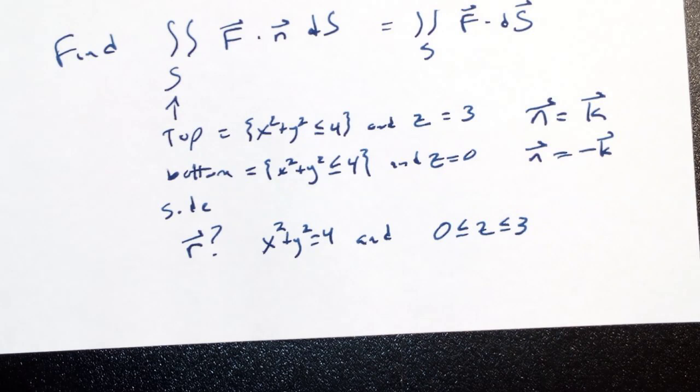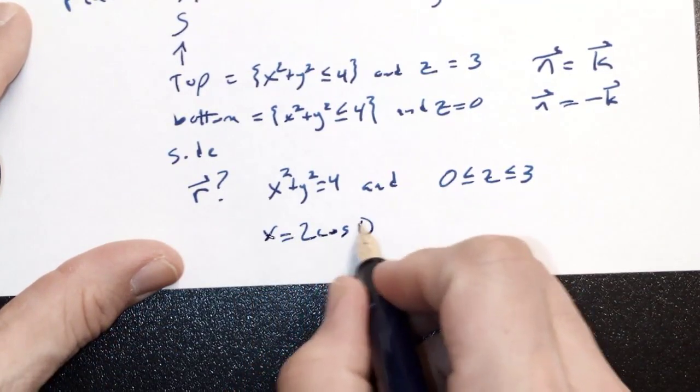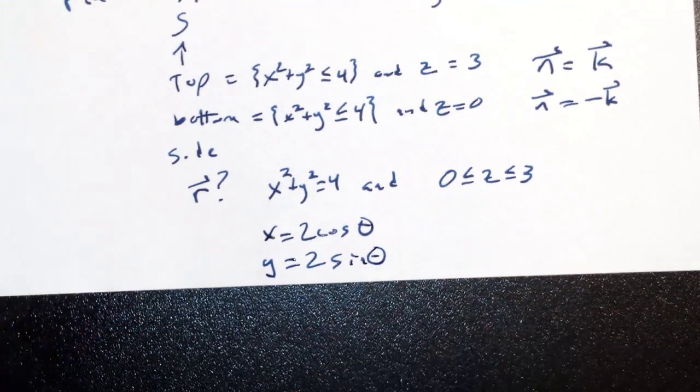I'll go around in terms of the angle, right? What's the radius of the cylinder? So the only thing that has to change is theta. So I can use my parameter theta for x and y. And that will describe the side.